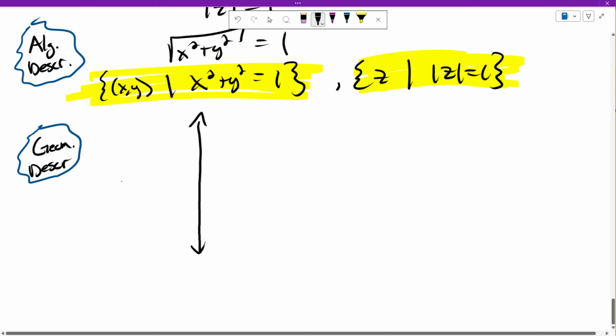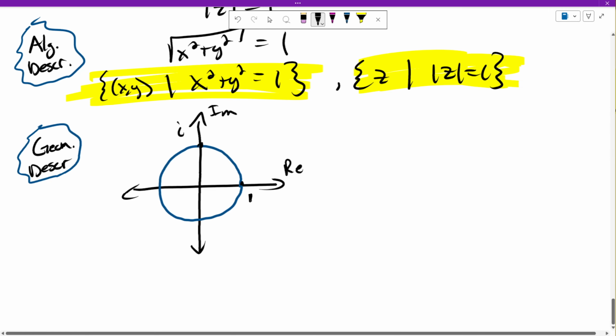We know how to graph the unit circle, and I'll do it in blue, where, of course, this is the real axis, and this is the imaginary axis. So this is up here at i, this is 1, if we were to put in some ticks. So that's our geometric description: the unit circle.